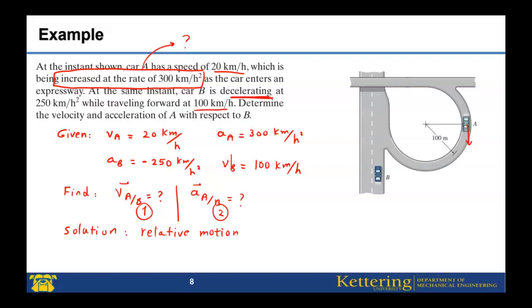For the first part, to find the velocity of A with respect to B, I will use this equation: velocity of A equals velocity of B plus velocity of A with respect to B. This is the relative velocity equation.